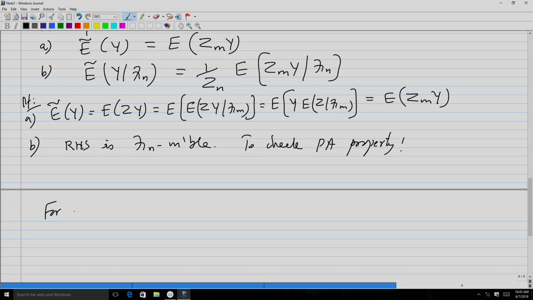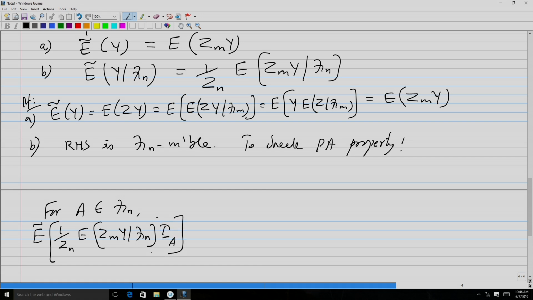So, you pick A in F_n and you consider the right hand side quantity, 1 over Z_n E of Z_m Y given F_n, multiplied by the indicator function of A. So, you end up with this quantity, which is what you have to consider.